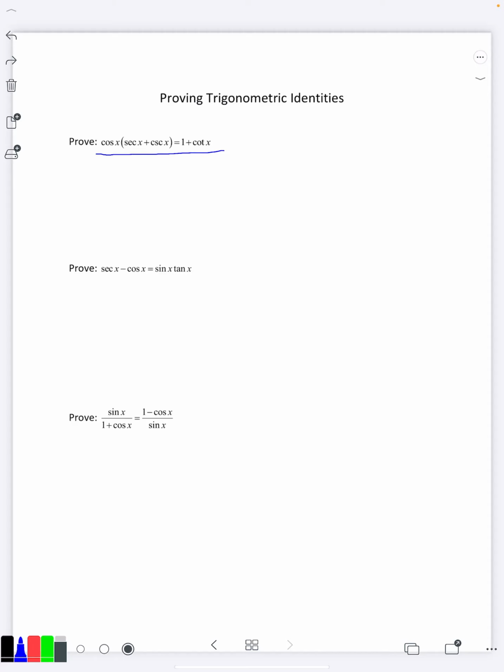The whole idea of proving these identities is that you're getting familiar with how to use the known identities and your algebra skills to rewrite expressions, usually into something that is easier to see. This is going to be especially important when you move on to calculus, because there you're going to get this big mess as part of the problem.